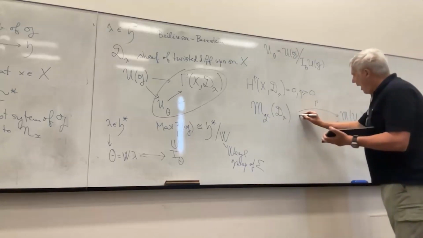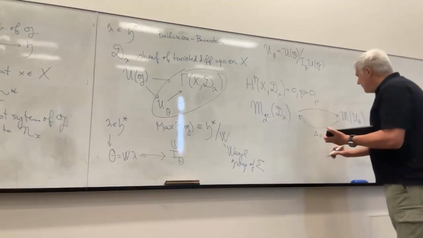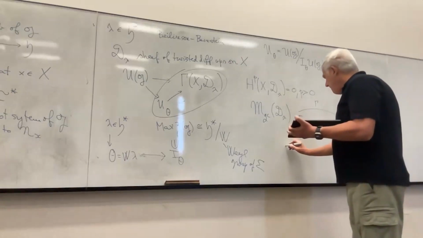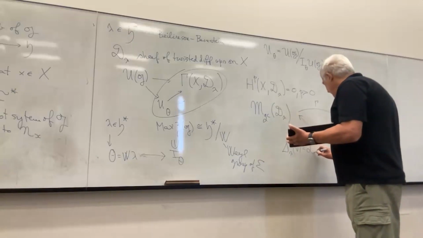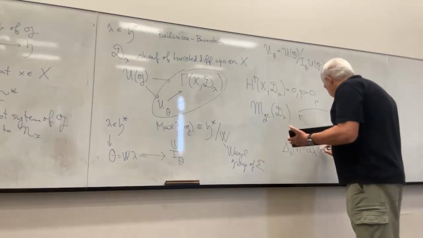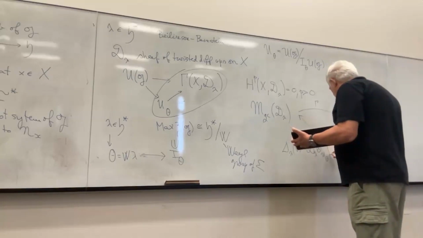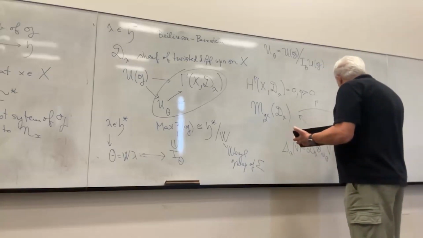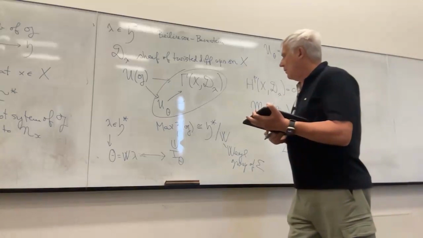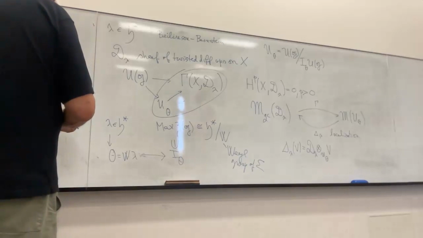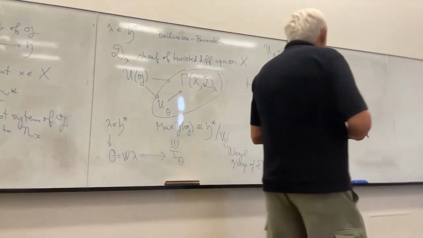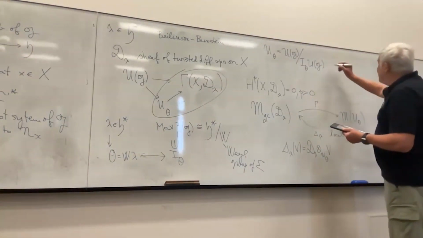And then I can define the localization functor Delta lambda, which is just Delta lambda of V is D lambda tensor over U theta with V. So this is the functor Dougal mentioned in the first talk. These two form an adjoint pair.